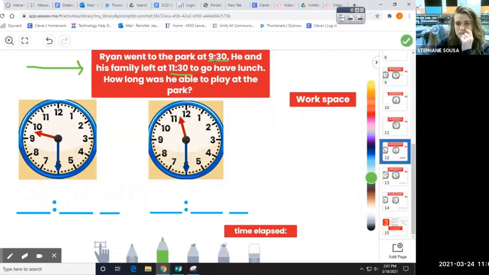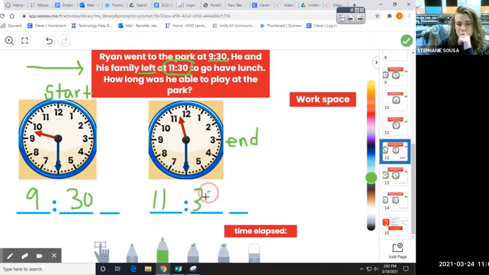Ryan went to the park at 9:30. 9:30 is my start time. I also know from the problem that his family left the park at 11:30. 11:30 is my end time. I notice my analog clocks also match what is given in the problem. If Ryan's family is leaving to go have lunch, that tells me they are in the first half of the day, so that would be AM.